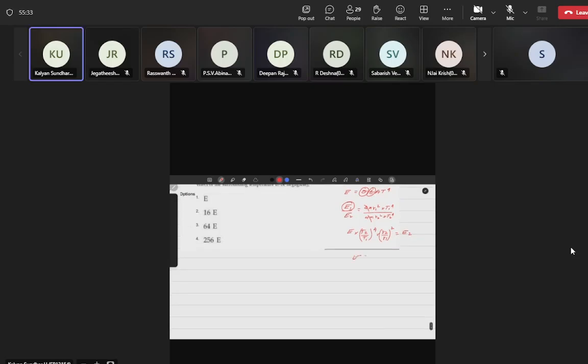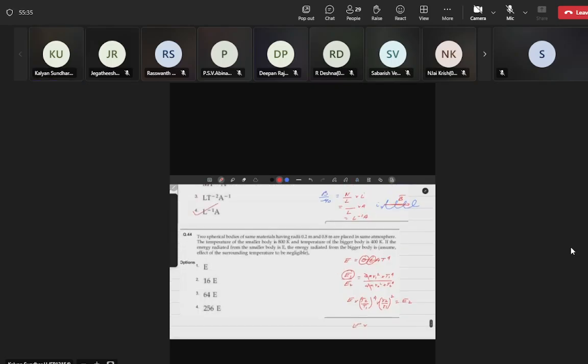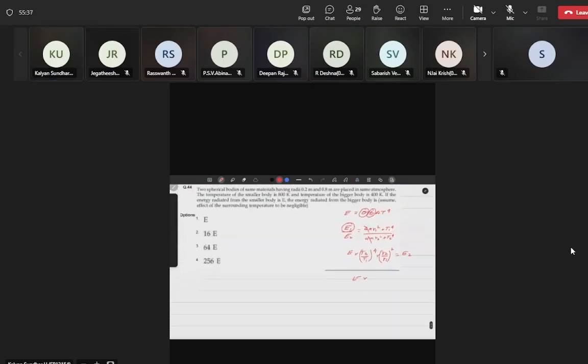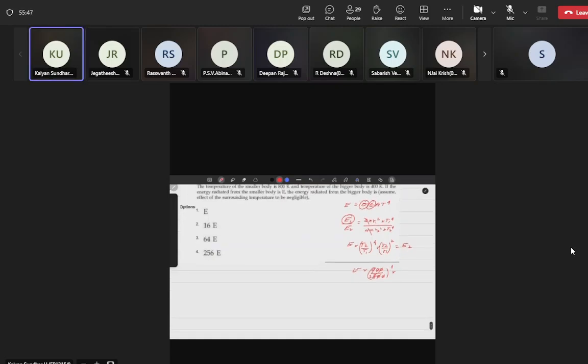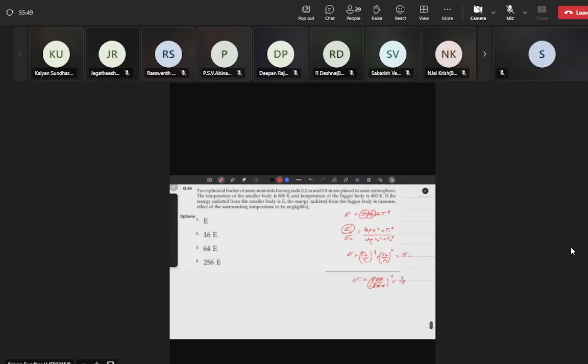So E2 will be equal to E into T2, the bigger body, so 400 divided by 800 to the power 4 into R2 by R1 whole square.